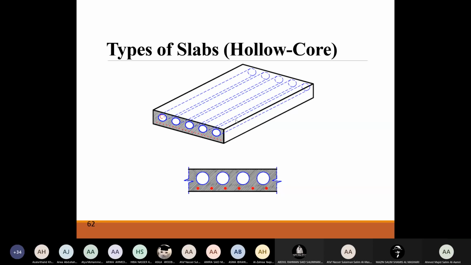You can see that areas are removed from inside, just to make the slab a little bit lighter. Because if the slab is lighter, it means that you can extend the distance from one column to another column. Are we clear?